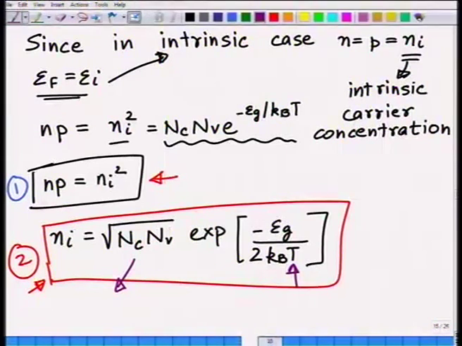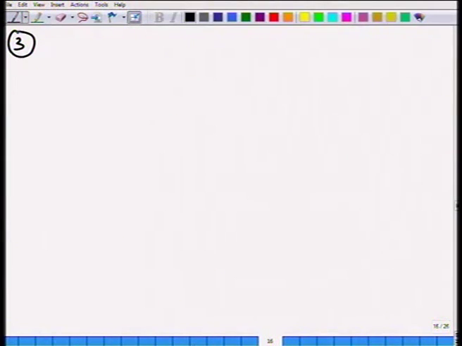Now, the third statement I want to make is, in general, since I now know Ni, I can use this. Well, Ni is a material property, since once I specify silicon, I know what the Ni value is. I can use this as a reference to calculate N in all other cases.